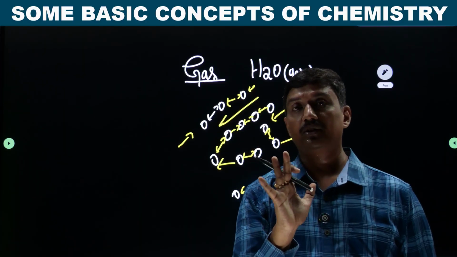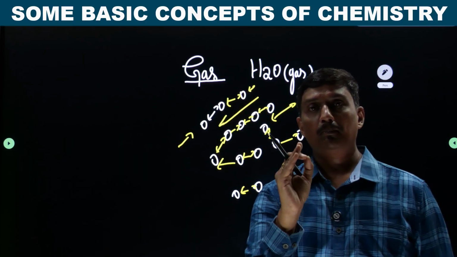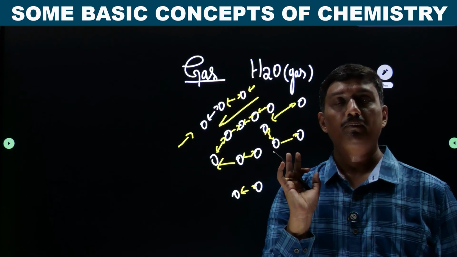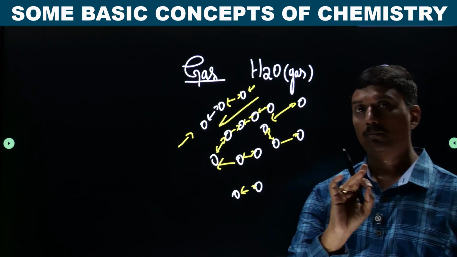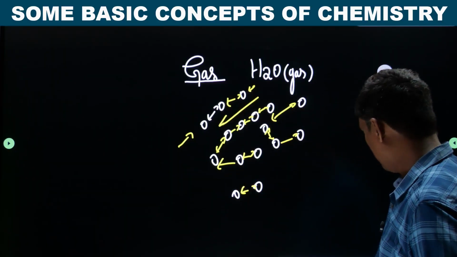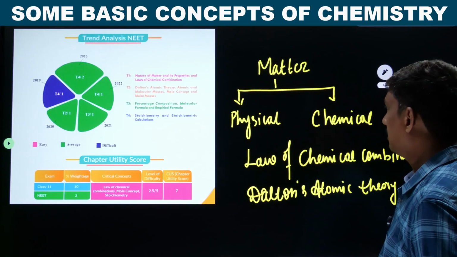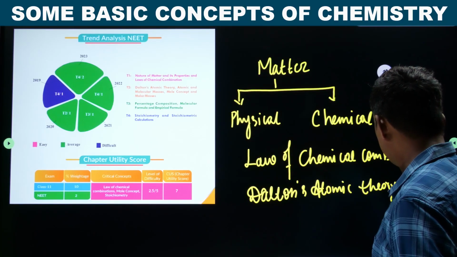This is the major difference in how we physically classify matter into solid, liquid and gas. We are not discussing the Bose-Einstein or plasma state at this level. Okay, this part is over.